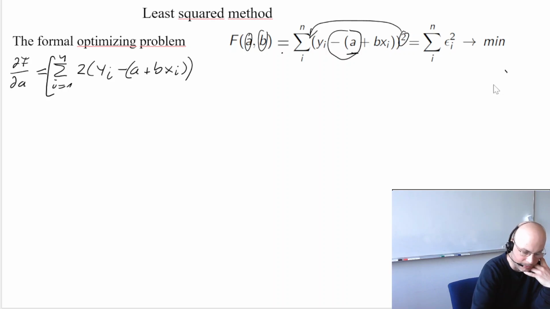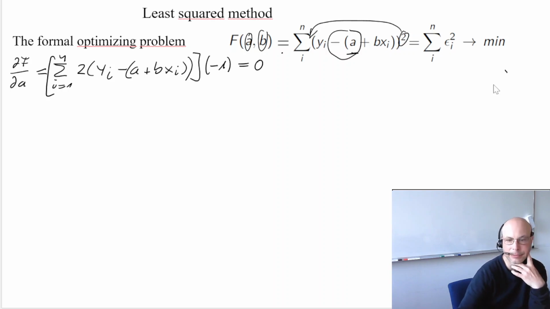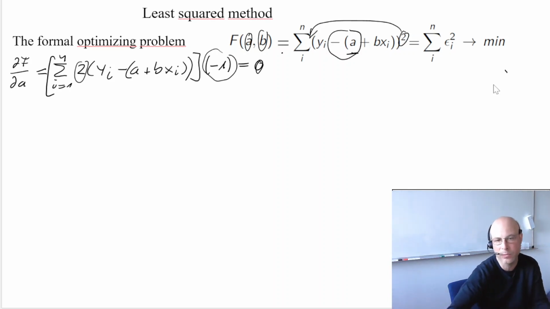So this times minus 1 has to be 0. Then we have our 2 in front of the bracket. This minus 1 times 2 is minus 2. This should be 0, so we can multiply by minus 1/2.